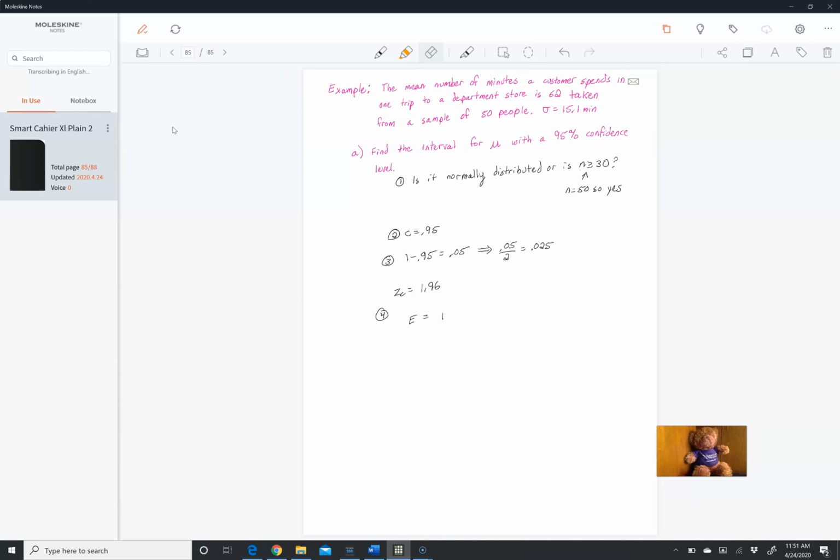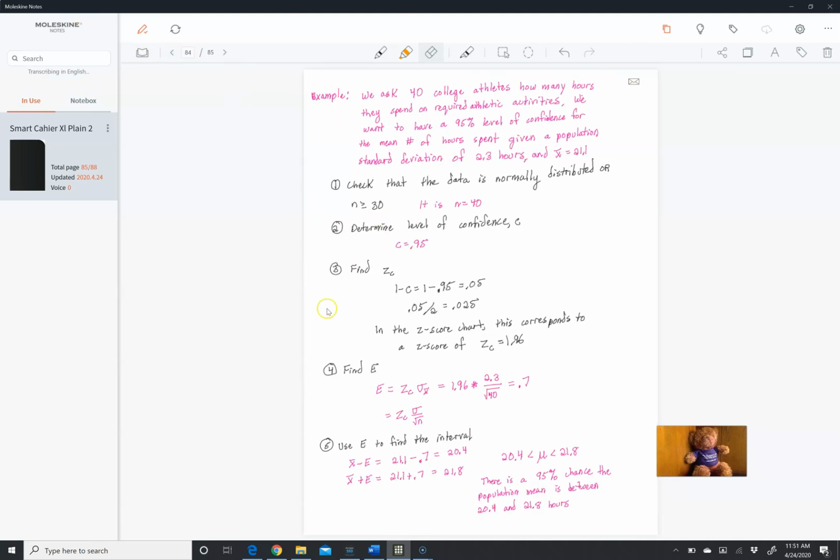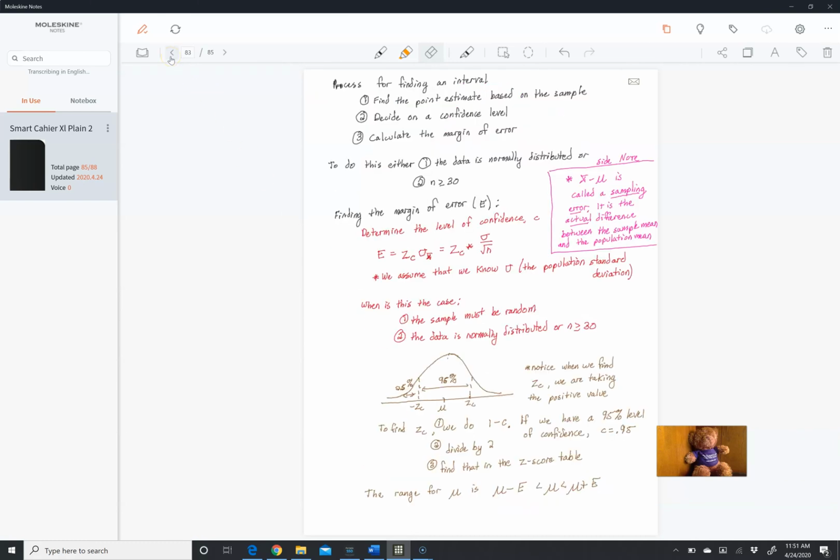So we're going to take 1.96 and multiply by the standard deviation over the square root of the sample size. So that comes from here: the Z-score times the standard deviation over the square root of the sample size. I want to change this.